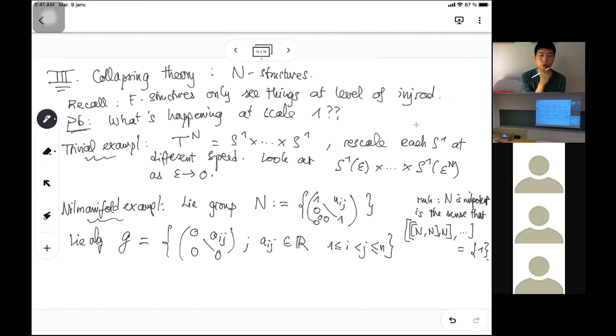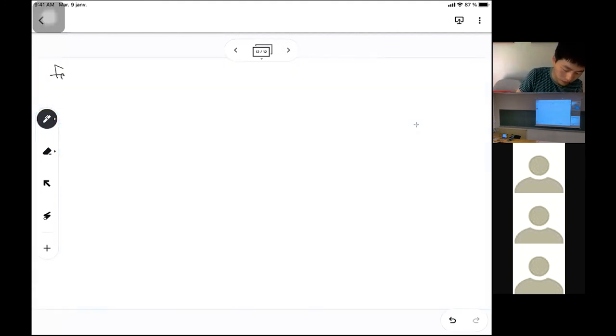And you want to put a metric on your Lie group N. In order to do that, you just need to put a metric on the Lie algebra, so the tangent space of N at the identity, and then you push this metric using the action of N over itself, and you get the left invariant metric. So that's the plan. Let's define a metric for this Lie algebra g. For A in the Lie algebra, you look at the following metric that is going to depend on a parameter.